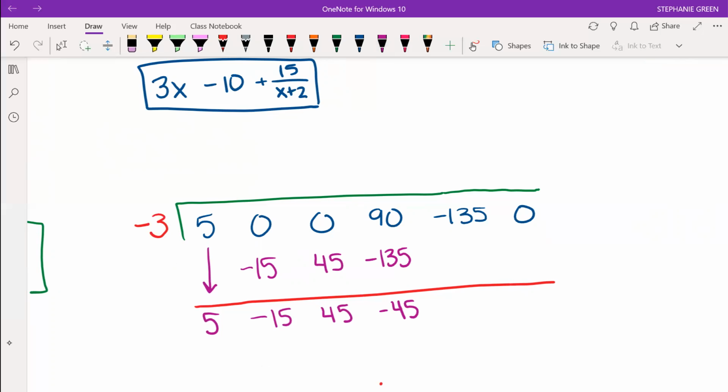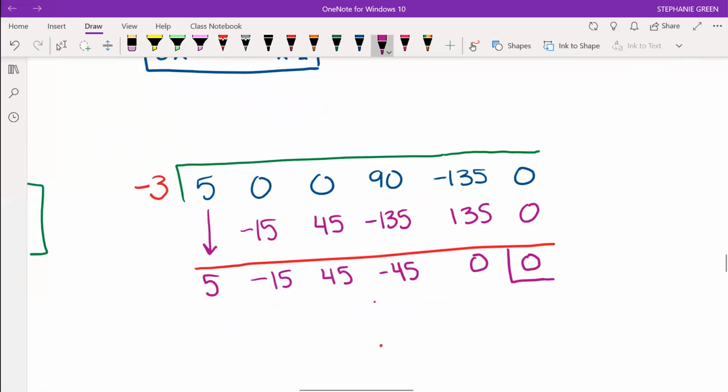And again, multiply by the number in the corner, add down, multiply by the number in the corner, add down. And we're done. Our last number here is our remainder. Our remainder in this case is 0, so there isn't one.